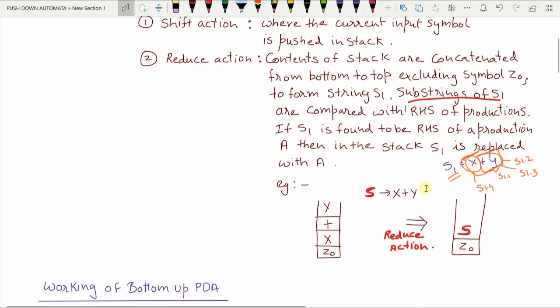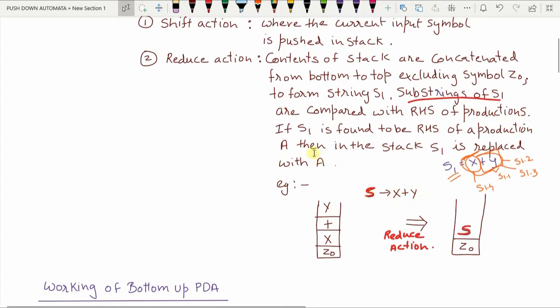So this way you check the substrings of S1. The substrings of S1 are compared with the right hand side of productions, and if an S1 substring is found to be the right hand side of a particular production A, suppose this substring, say S1.3, that is x plus y, happens to be the right hand side of this A production.